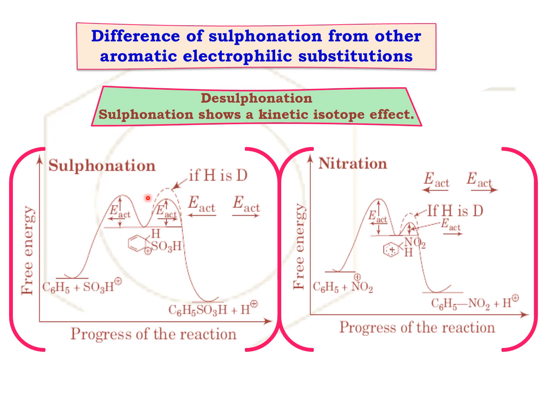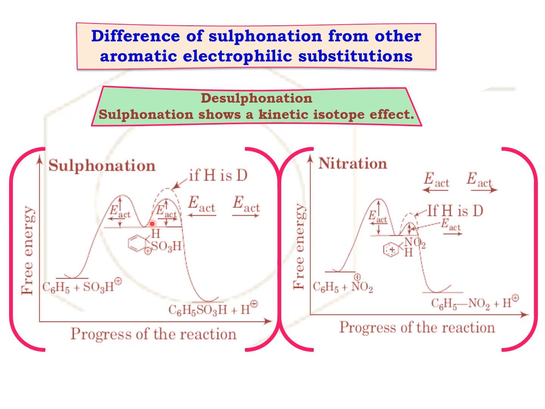But this is not the case in other electrophilic substitution reactions like nitration, halogenation, etc. In general, the intermediate requires very little energy to convert into products. This is the case in nitration and halogenation, etc., but not in sulfonation.